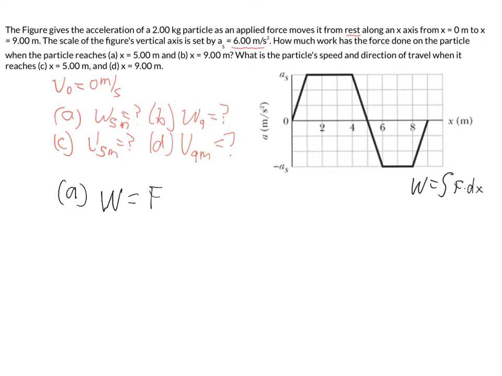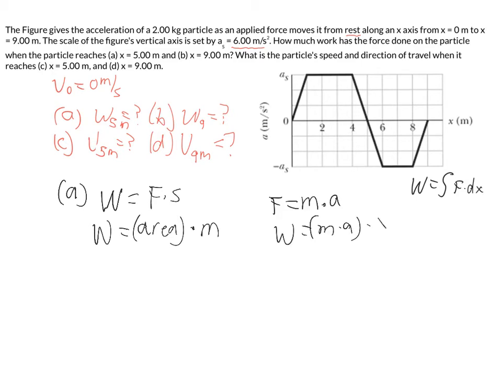Work is force times displacement, so the work is going to be equal to the area under that multiplied by mass, because force equals mass times acceleration. And so work is going to be mass times acceleration multiplied by your distance or displacement x. Okay, so maybe I'll replace this over here with an x.